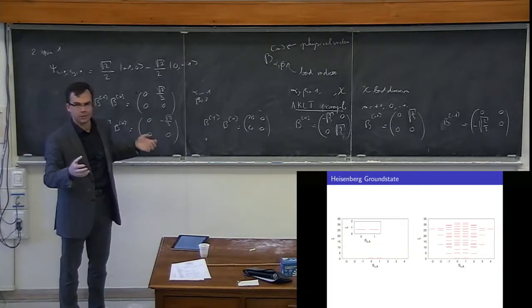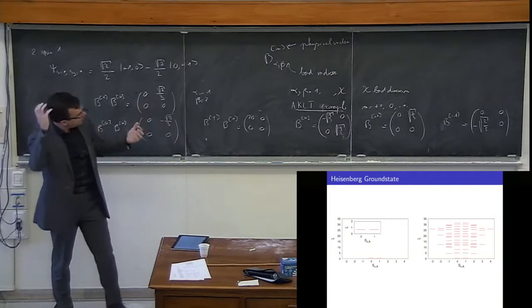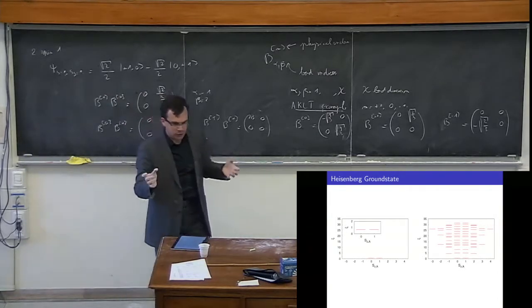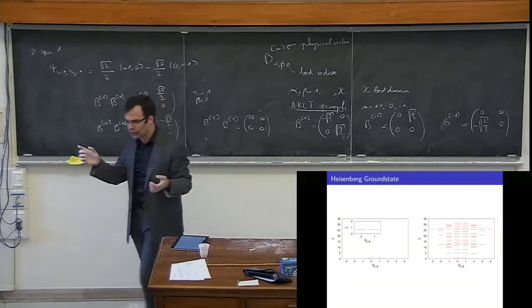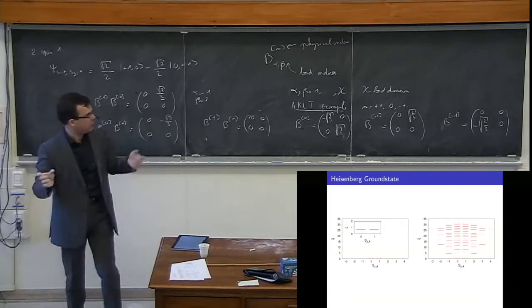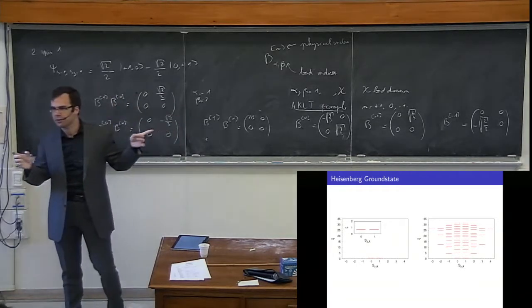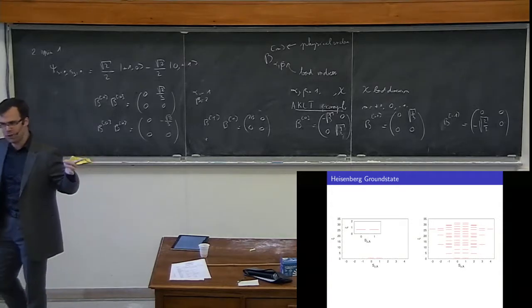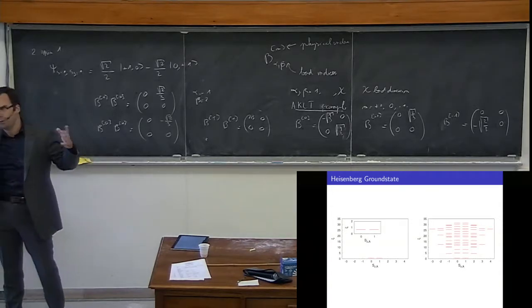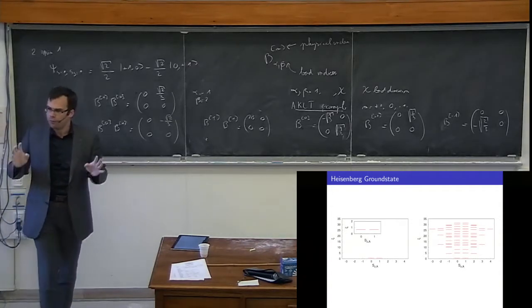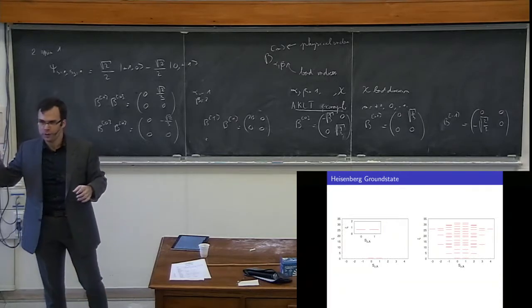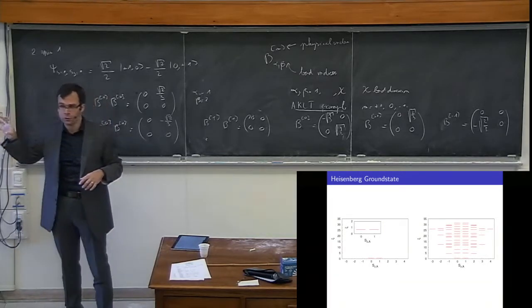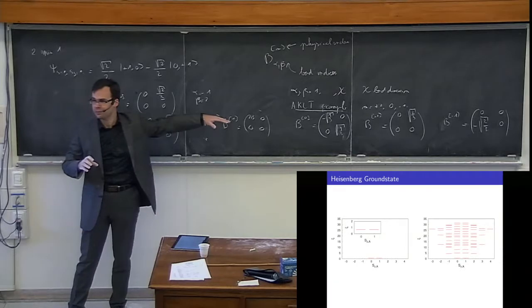Well, it's because it's a gapped phase, so the entanglement entropy is constant. And basically, the bond dimension is related to the entanglement entropy. It's the exponential, you have to be careful, it's the order of the exponential of the entanglement entropy. So if the entanglement entropy is constant, then chi is a constant.